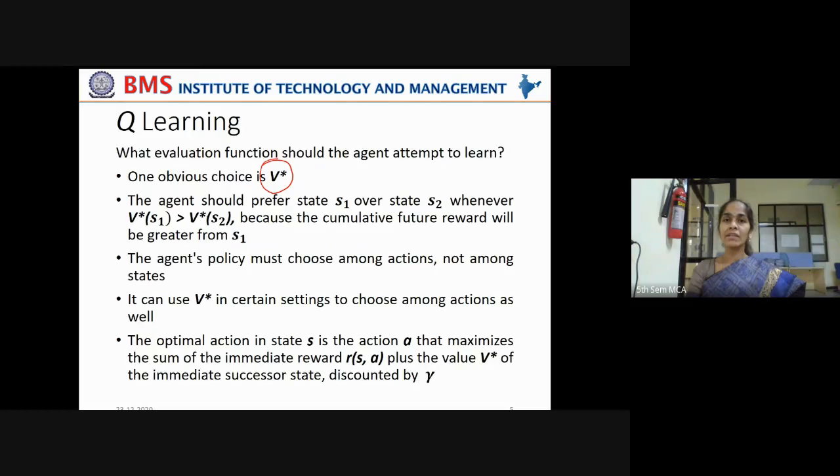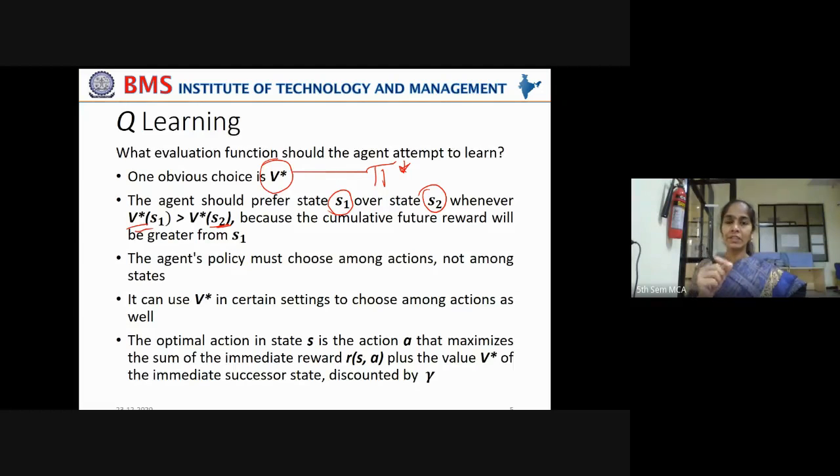V star is the value of rewards accumulated by following the optimal control policy pi star. That is one way to calculate the evaluation function. Now the agent should prefer state S1 over state S2 whenever the accumulated reward with state S1 is greater than with state S2.